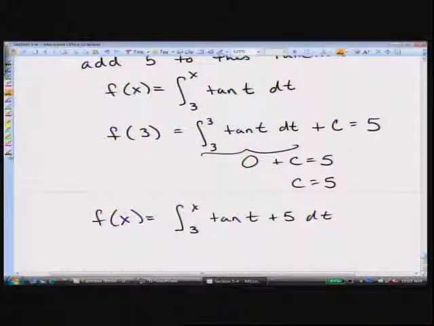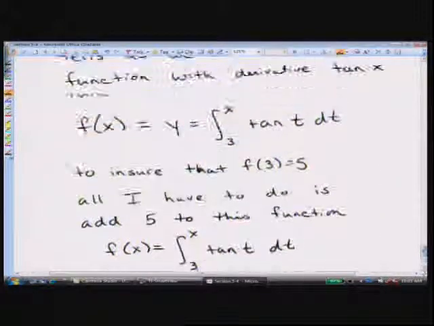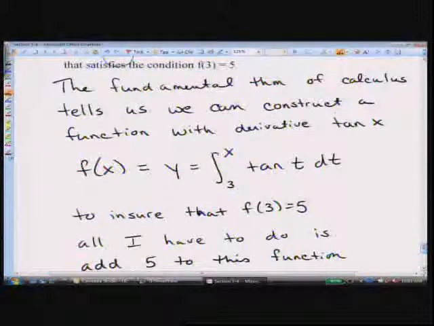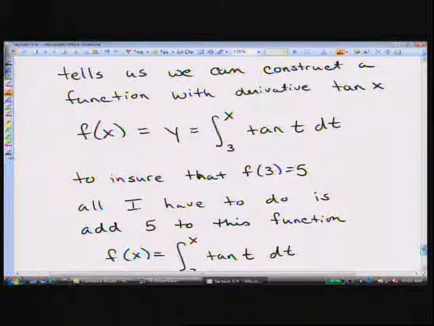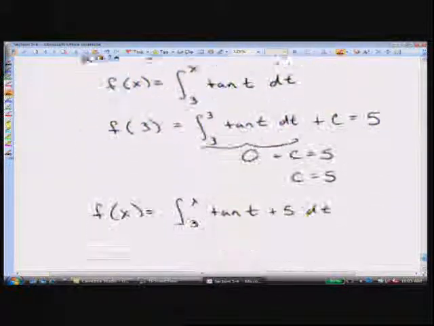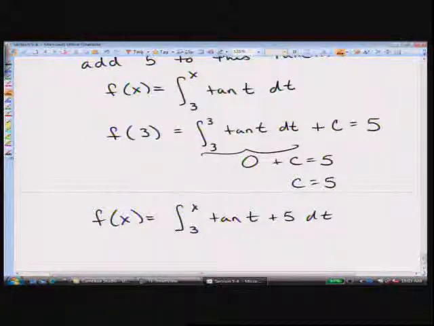I always get lost on this, but anyway, this function will have the property that it satisfies the initial condition that f of 3 is equal to 5.